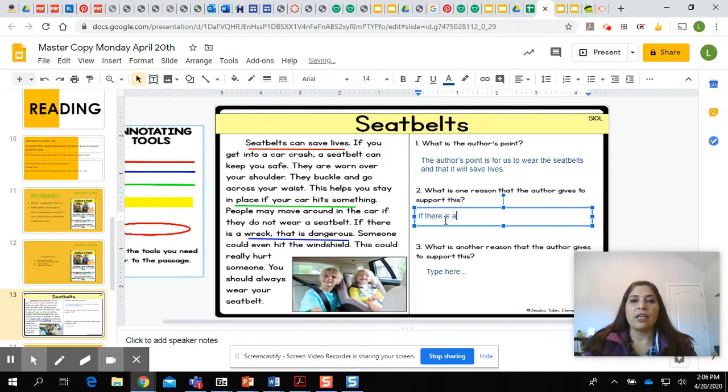If there is a wreck, then seatbelts will keep you safe.